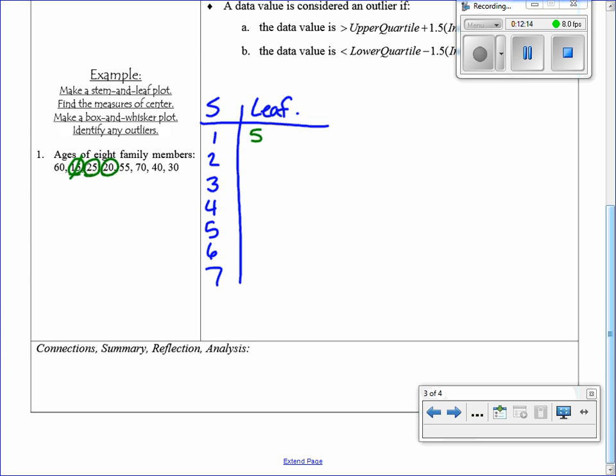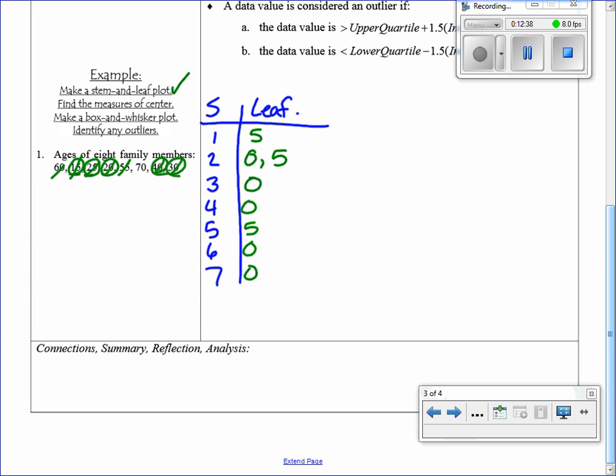So I have 20 and 25, so it'd be 0, 5. 3s would just be 30. 4s would be 40. 5s would be 55. 6 would be 60. And 7 would be 70. Okay, so there's my stem and leaf plot.